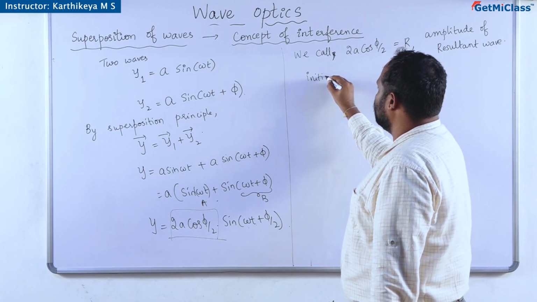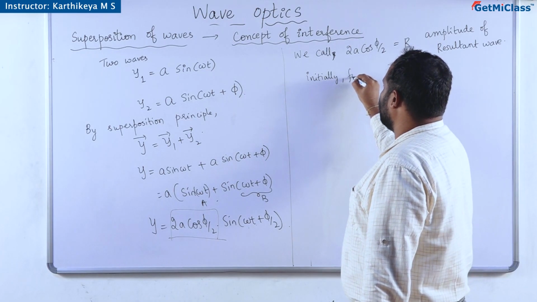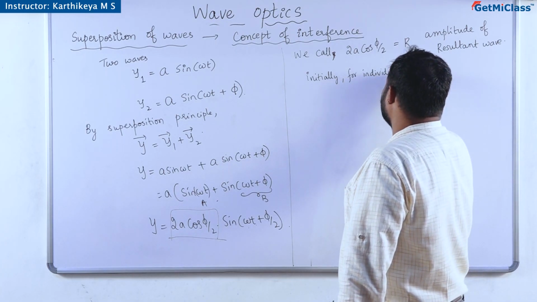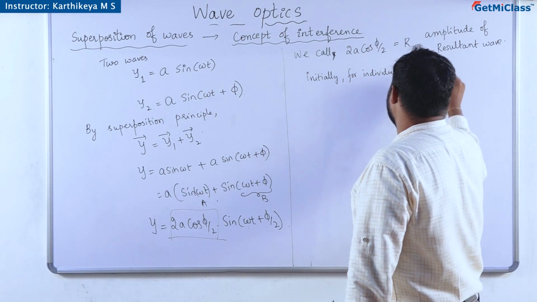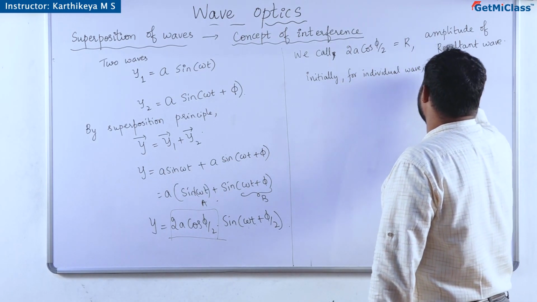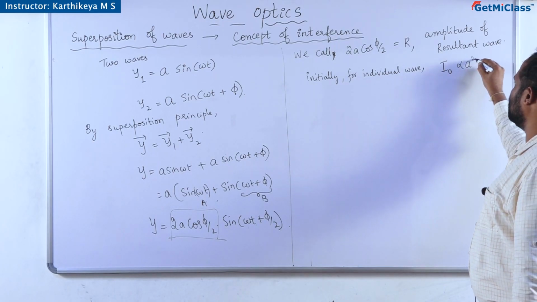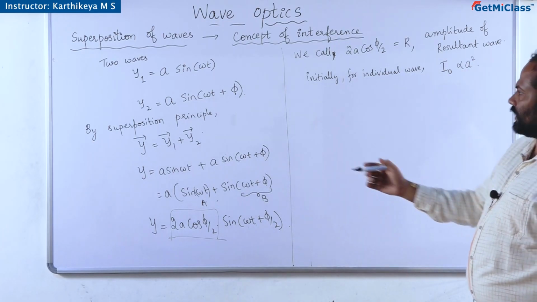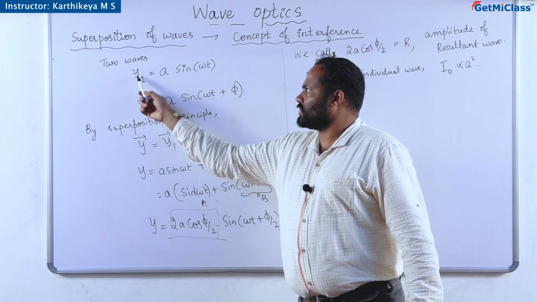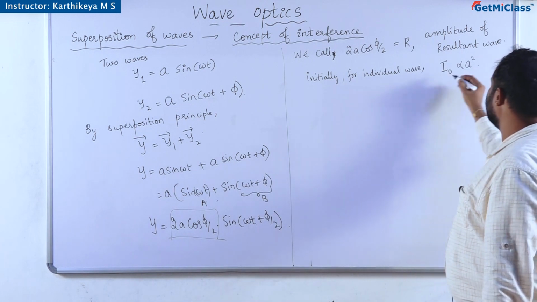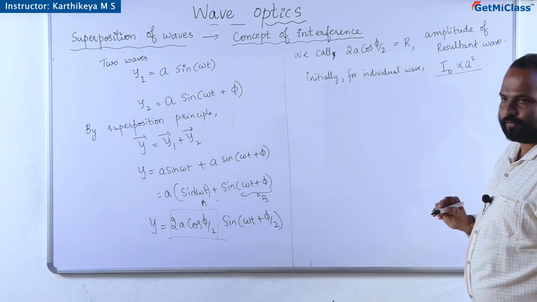So initially, for individual waves, the intensity I naught, that is the initial intensity of the light wave, is proportional to a square, the amplitude square, because the two waves have the same amplitude, so their initial intensity is I naught.